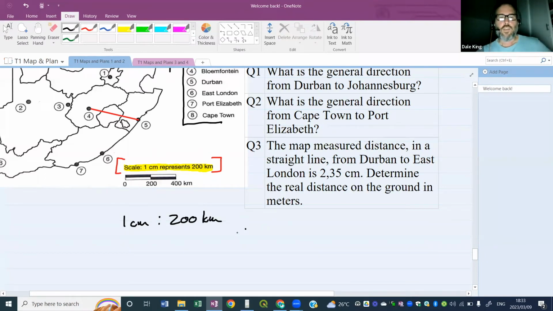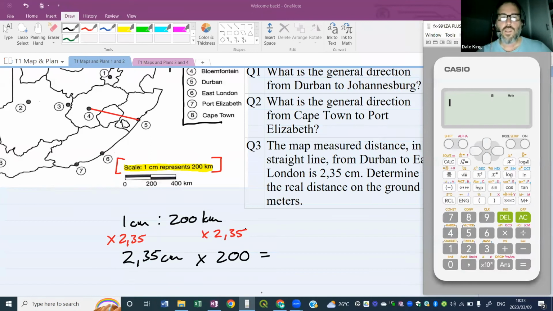I'm going to use this to change from ruler measurement to real world measurement. So I've got 2,35 centimeters. What do I do to that 2,35? Well, I multiplied this by 2,35 to get that, so I'm going to do the same with my 200. I'm going to multiply by 2,35. So I'm going to say 2,35 times 200.